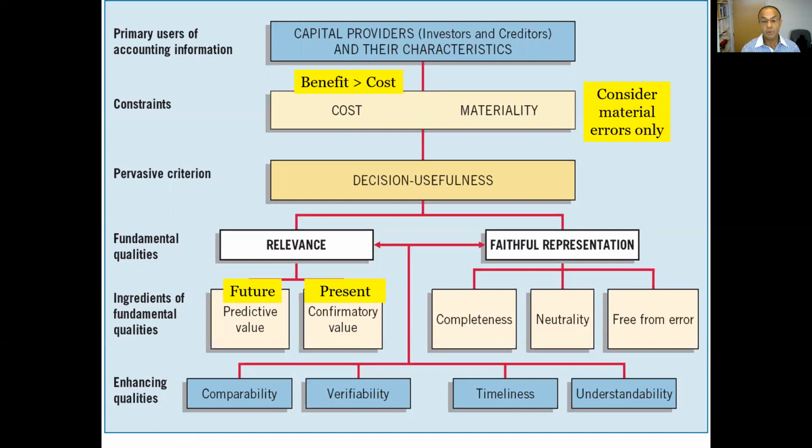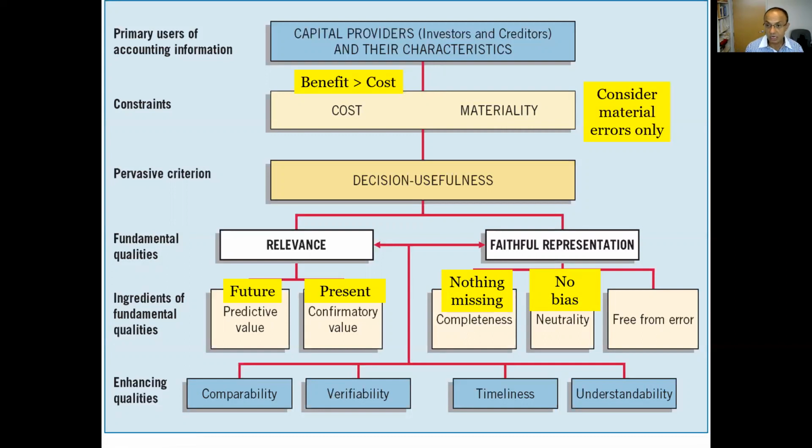But on the second point, we need to check the reliability of the financial statement, which we call faithful representation. The financial statement should be complete, which means nothing is missing, and neutral, which means no bias. It means we shouldn't produce a certain set of financial statements for the tax department and another set of financial statements for the management.